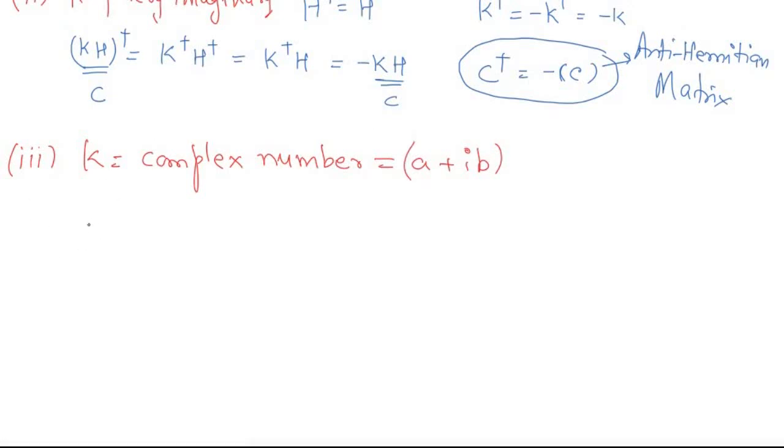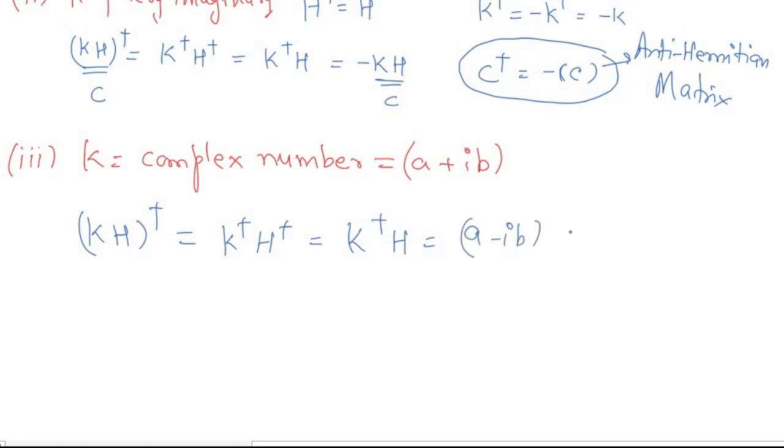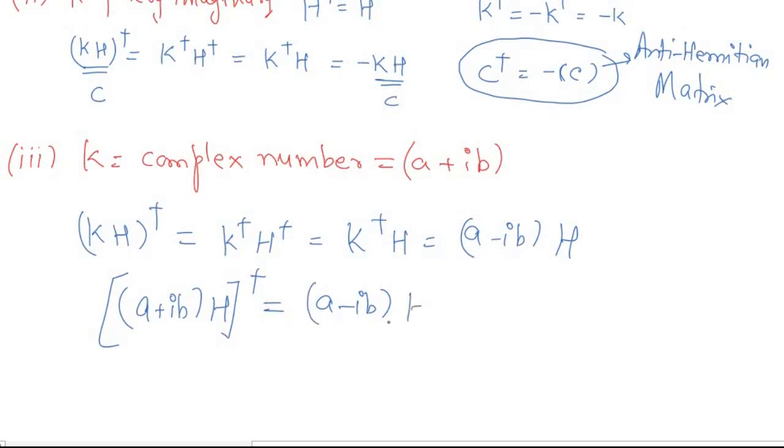Now if I multiply K times H, where H is your Hermitian matrix, then (KH) dagger is K dagger H dagger, so it is K dagger H. K dagger is A minus iB, so (A plus iB times H) whole dagger is equal to (A minus iB) times H.